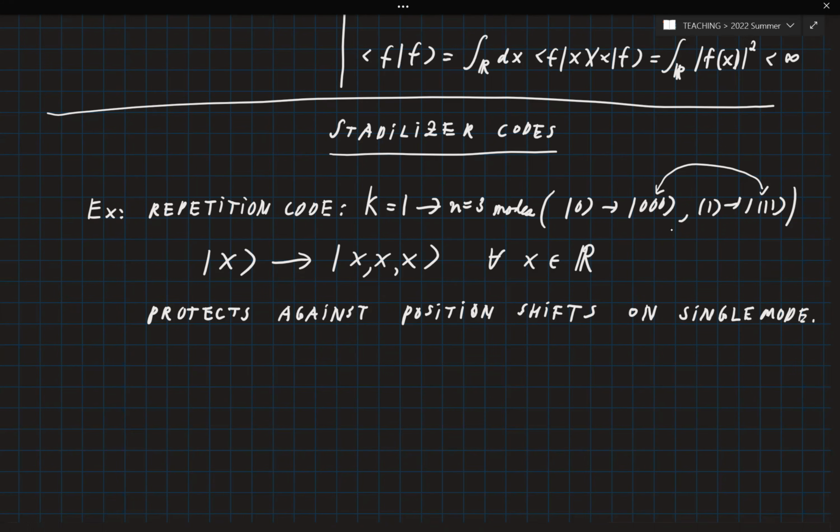And just like we saw last time, there is a dual phase flip repetition code. Here, there is a dual phase flip repetition code as well. And this one protects against momentum shifts.